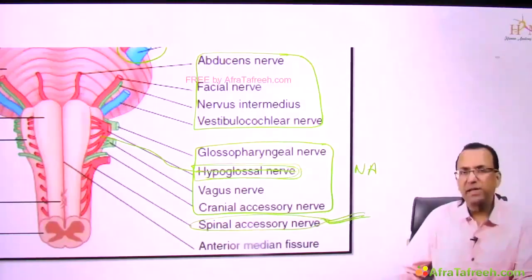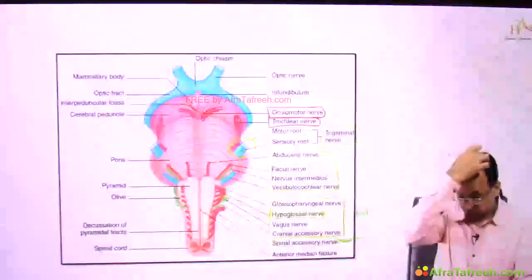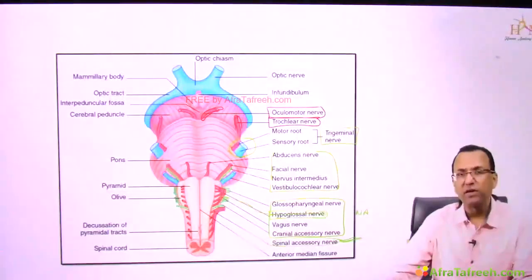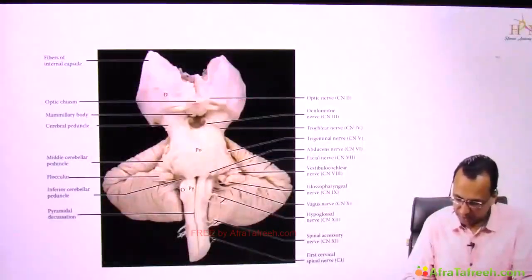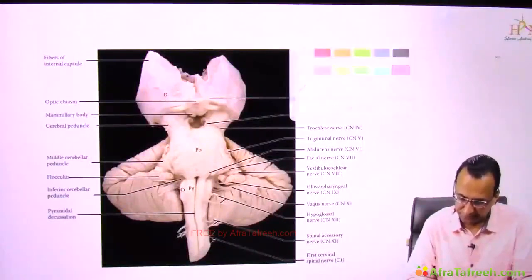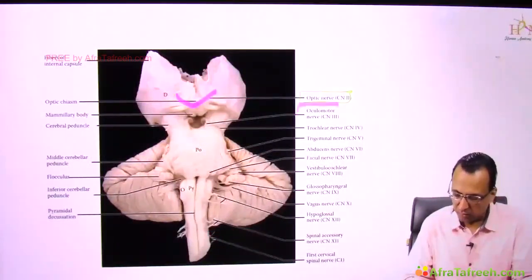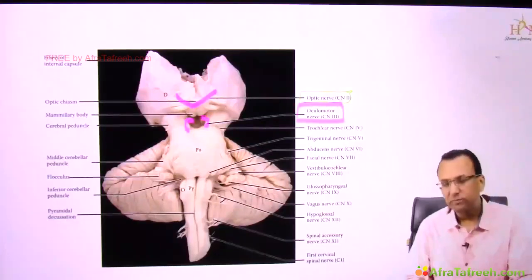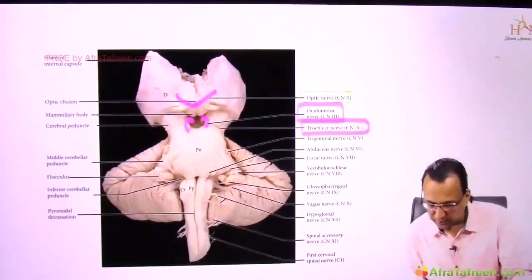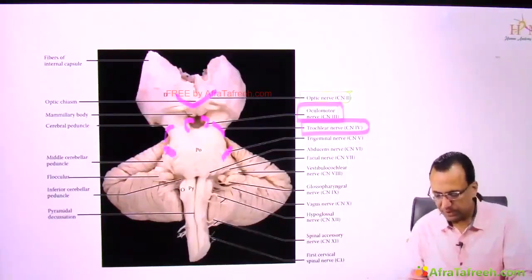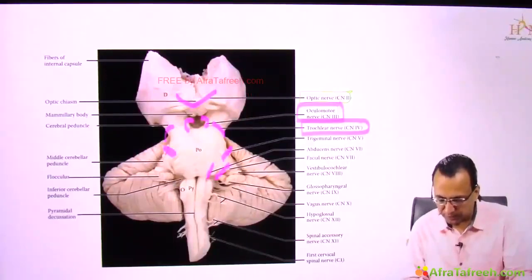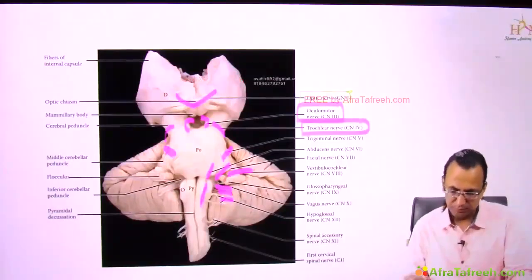Now, once you have that kind of orientation for the brainstem, we actually have to start with further details. See, this is the optic nerve we have seen already. That is the oculomotor nerve. This is the trochlear nerve, the thinnest nerve. Trigeminal is here. The abducent, the facial, the vestibulocochlear. Then you have number 9, 10, 11 and number 12 also.